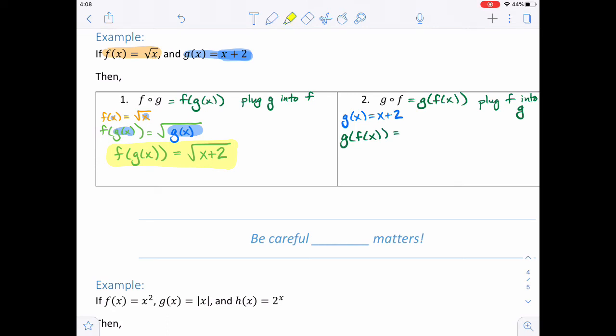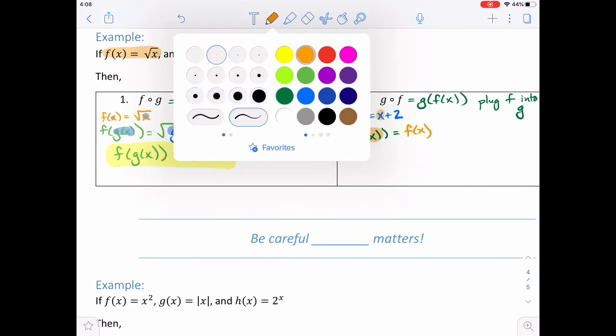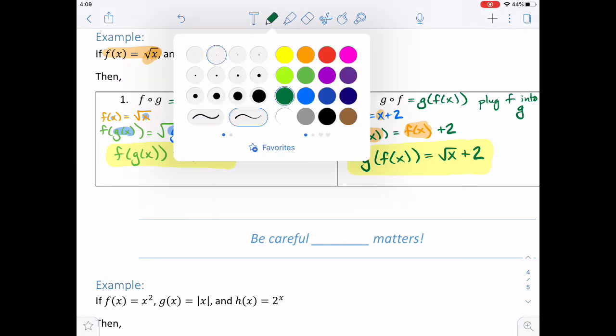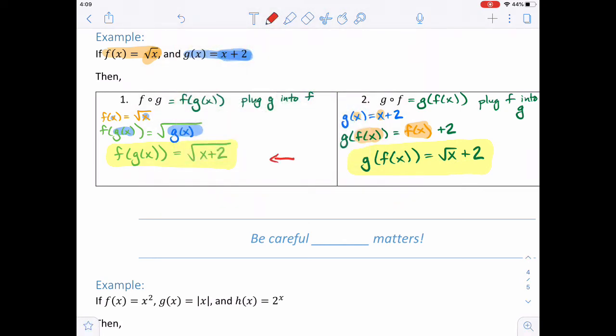Right? So that means that we're putting f of x everywhere we see an x. So we're going to have f of x instead of x, and then we're going to have plus 2. But f of x is really square root x. So that means that g of f of x is equal to the square root of x plus 2. So this is really just substitution. And notice these are not the same.